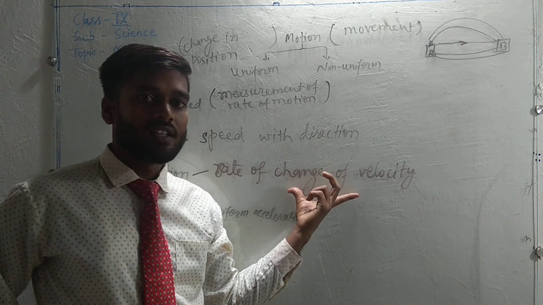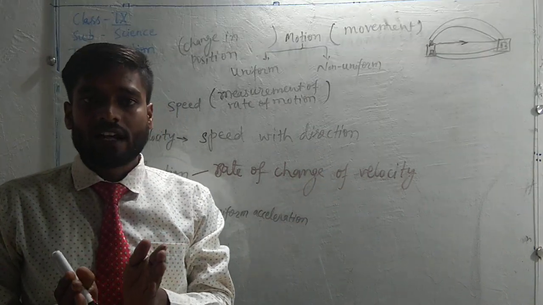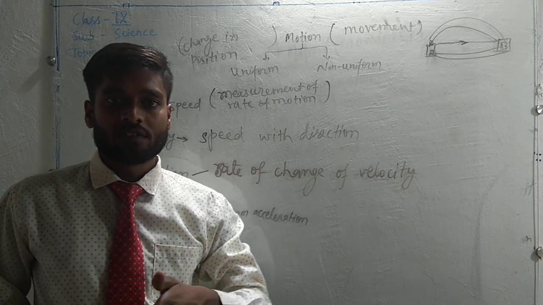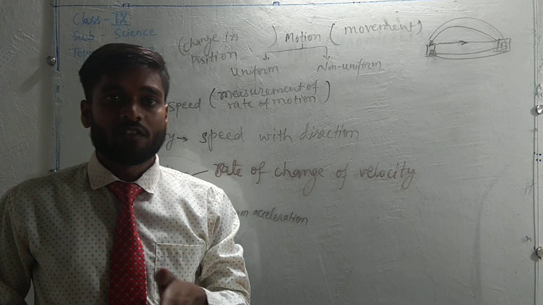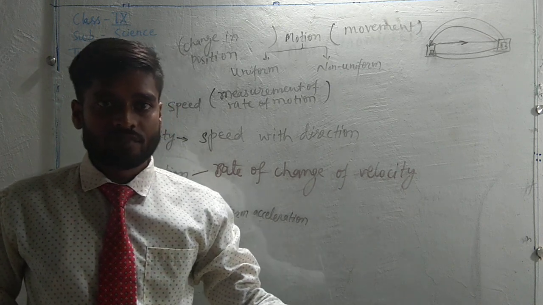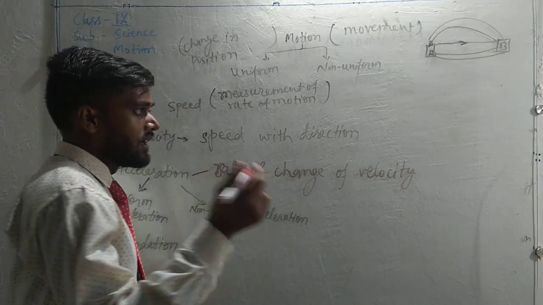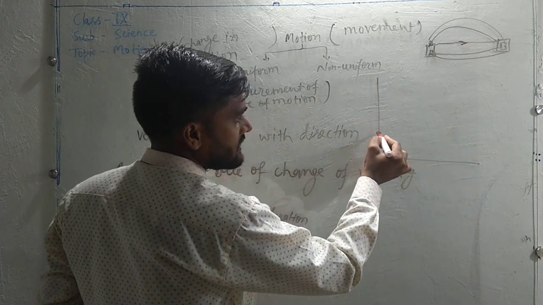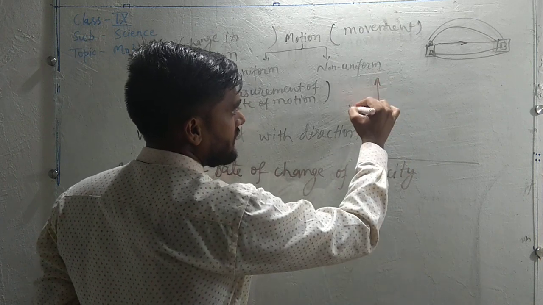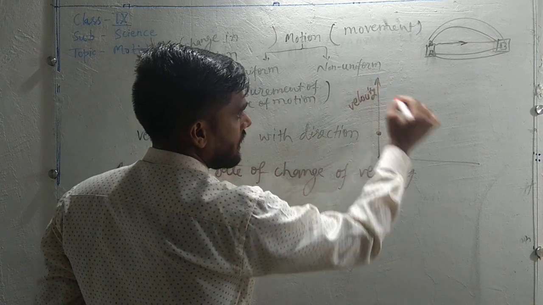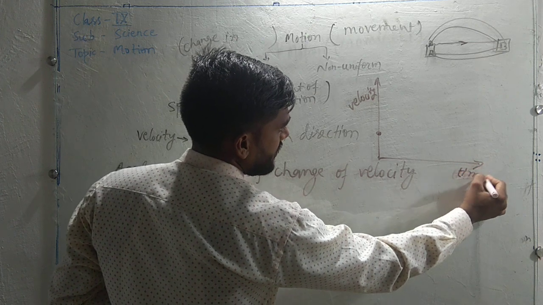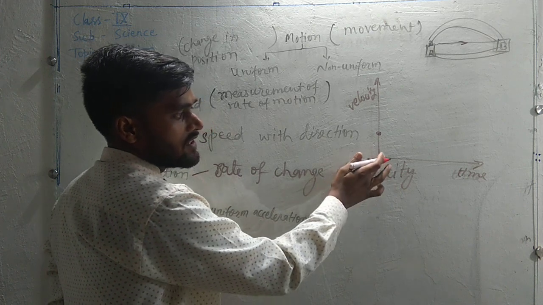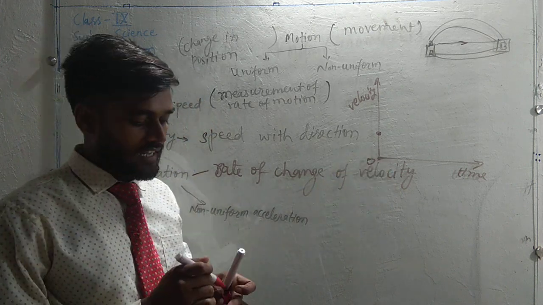What does it mean? It means that an object has some different velocity initially, and after some time it attains a different velocity. So let there be an object, which is initially at this velocity, and this represents time. This is what origin means, at 0 seconds, when time has not started.